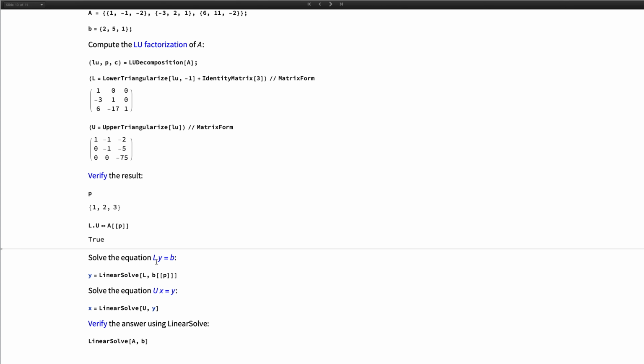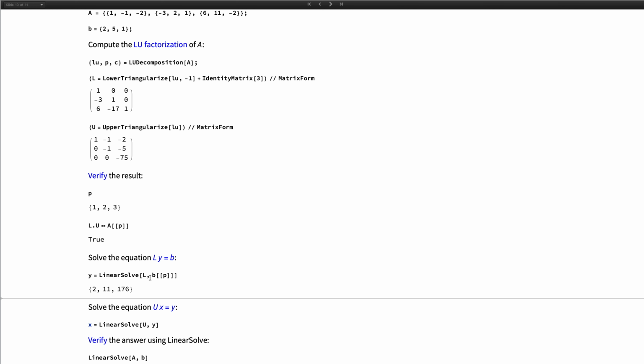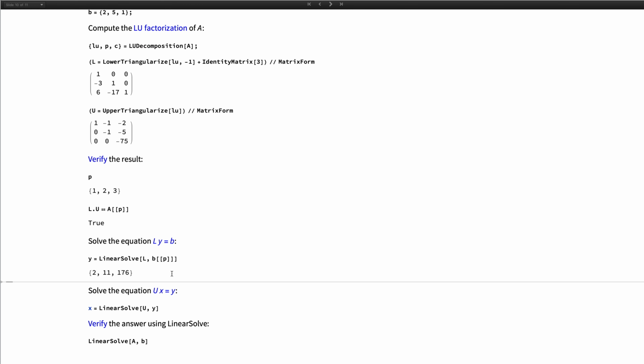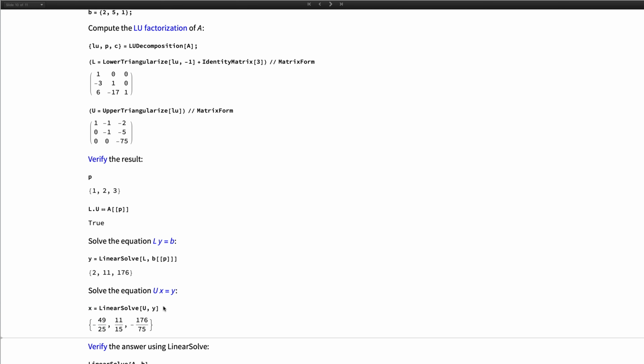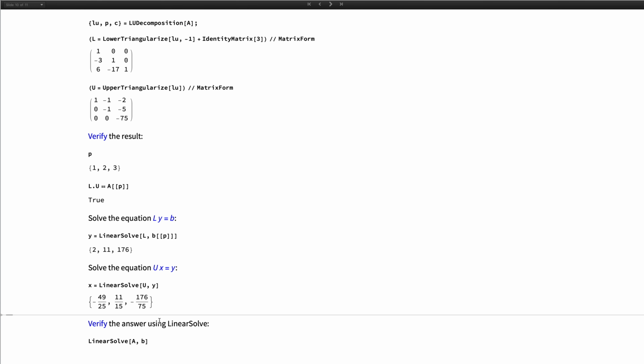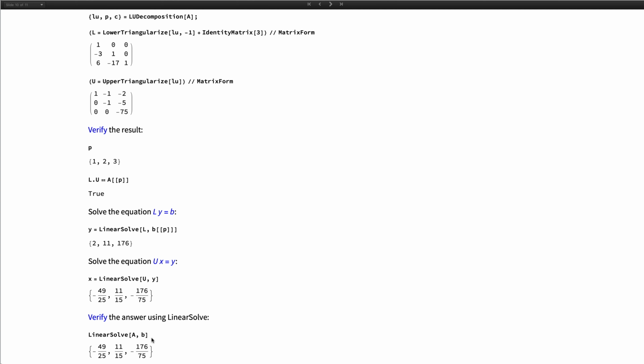Now what I do is I first solve the system L y equal to b. Notice I've put the permutation vector over here just in case there was some interchange that might be necessary. Then I do the second part, the U x equal to y, the upper triangular part, and now I check, I get back just the same answer with linear solve.